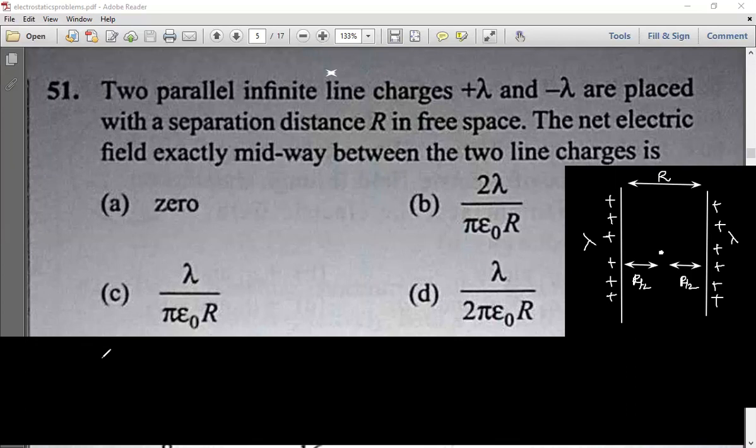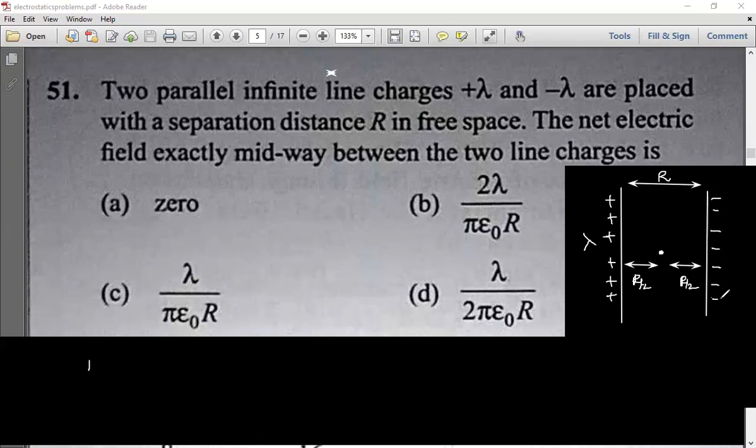So we know the formula. What is the formula? E. This side you should get minus lambda. So here your charge is negative, this part. I take it as minus, right? Because in the question they have given that it is minus.